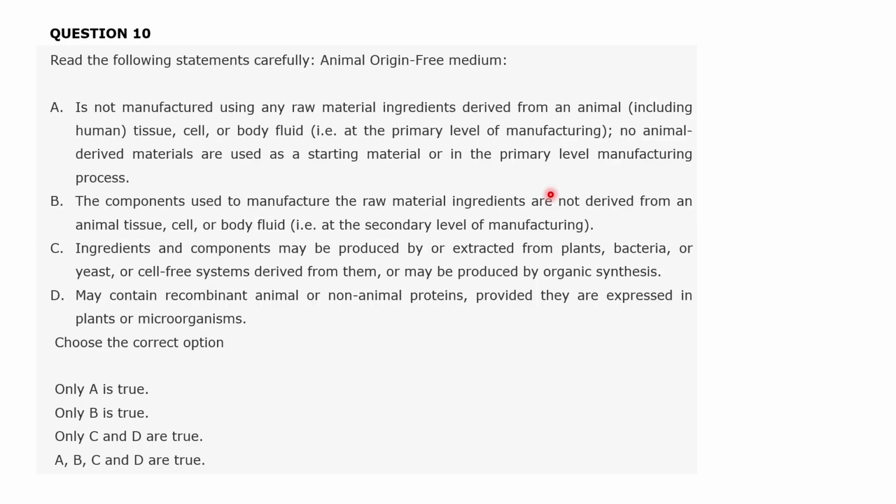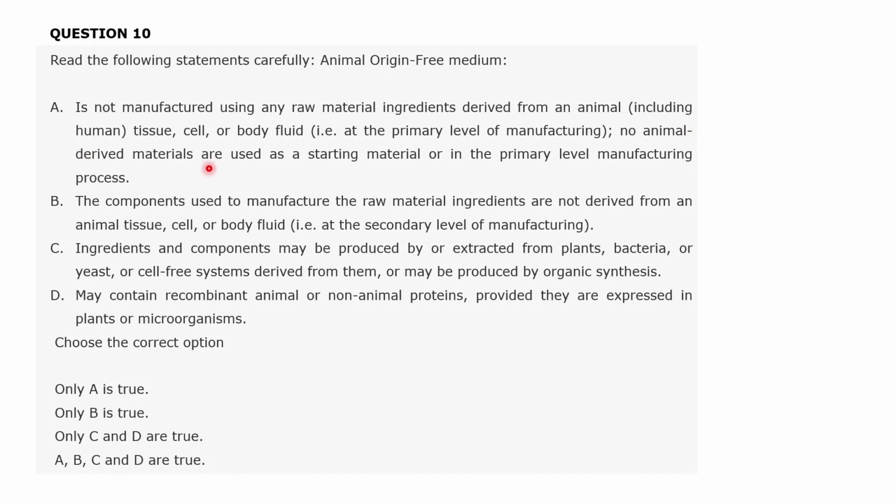Coming on to question number 10. Read the following statements carefully. Animal origin free media: a media which doesn't consist of anything that is obtained from an animal source. First option: not manufactured using any raw material ingredients derived from an animal, including human tissue, cell or body fluid, at the primary level of manufacturing.